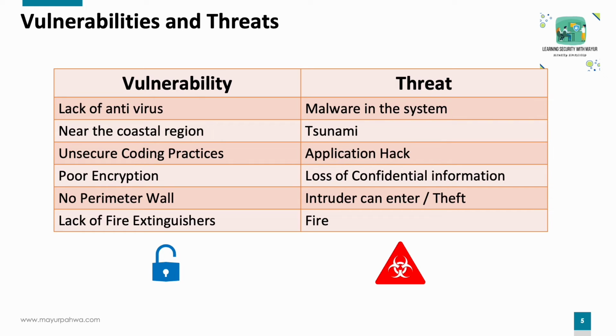See, this may sound repetitive, but it makes sense to repeat it. Every organization is different, and hence they will have different threats and different vulnerabilities. If your organization, say, has an office near the coastal region, the threat of a tsunami is quite probable. However, if you are in a landlocked region thousands of miles away, this threat is not even applicable.